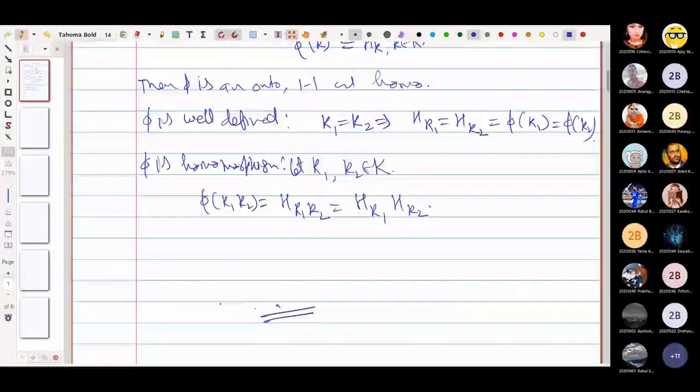So this proves that phi of k1 k2 equals phi of k1 times phi of k2.